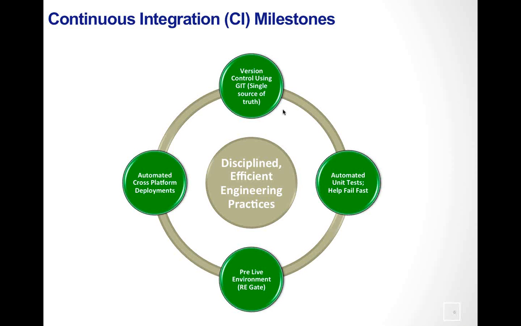We need a single source of truth, rather than engineering teams maintaining their own local copy of code. Without this in place, it's literally not possible to move ahead with any further steps. So first was to set up the version control system, to have a single source of truth that all engineers and teams across the board can access.